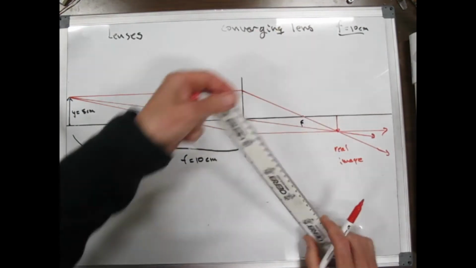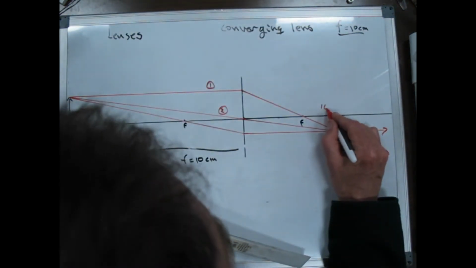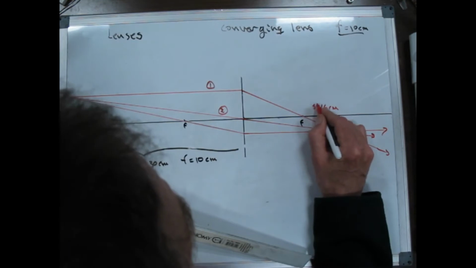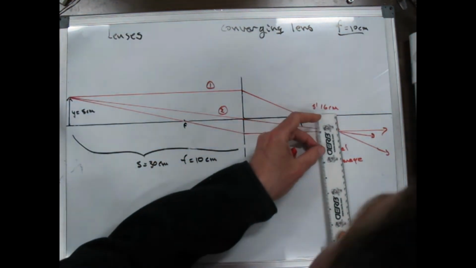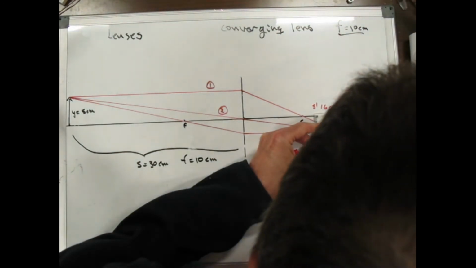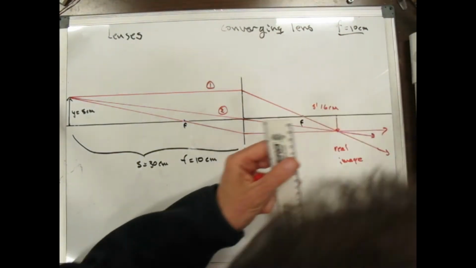And so if I use my ruler, I can measure my image distance. This isn't going to be right because I'm drawing it, but it's about 16 centimeters. That's my S prime. And my image height is about maybe 2.6, 2.7.